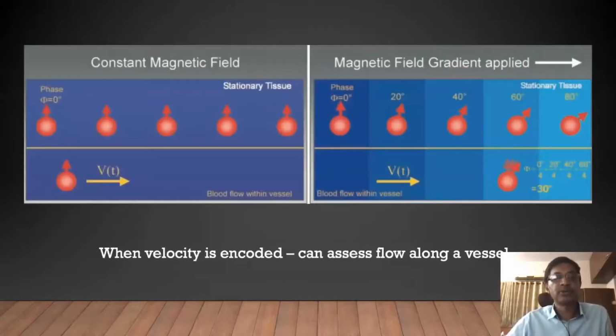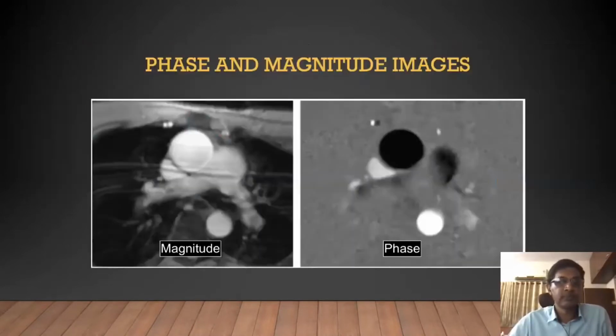Now, this is a cartoon which shows the phase shift that happens to moving protons within a magnetic gradient field. If you subtract the phase of the moving protons from the stationary protons, we arrive at a value, and that value can be manipulated to give us the flow across vessels.